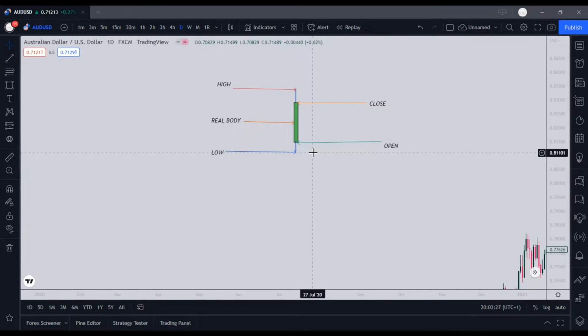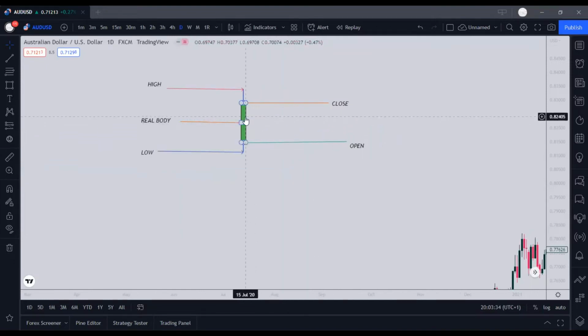Let's proceed. Now, let's take this candlestick, for instance. What is on the board? Let me even do it bigger so you can see it well.